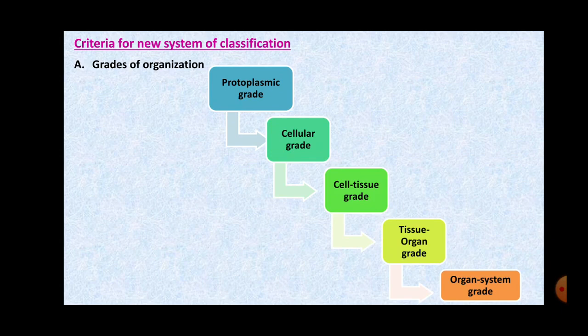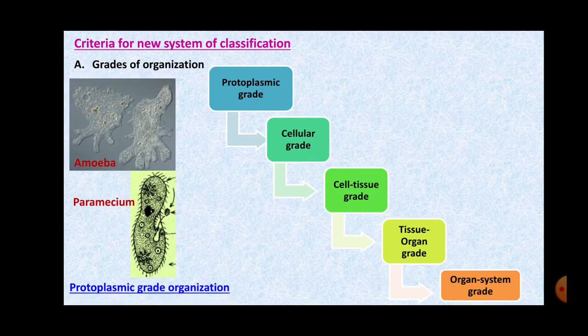Now let us see, I told you about the protoplasmic grade organization. Amoeba and paramecium are some examples of that. A single cell performs all the functions of the body. Proceeding to the cellular grade organization, which is higher than protoplasmic. Here, the tissues are not formed.